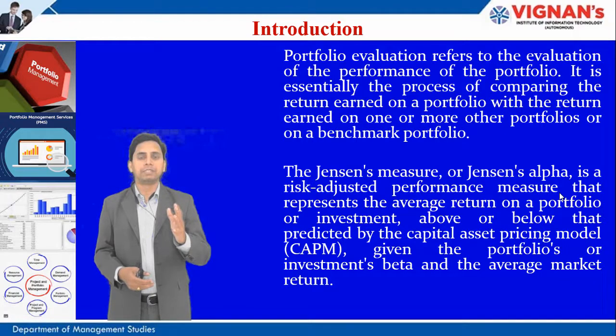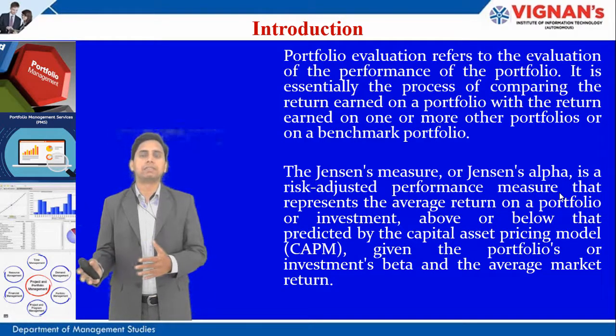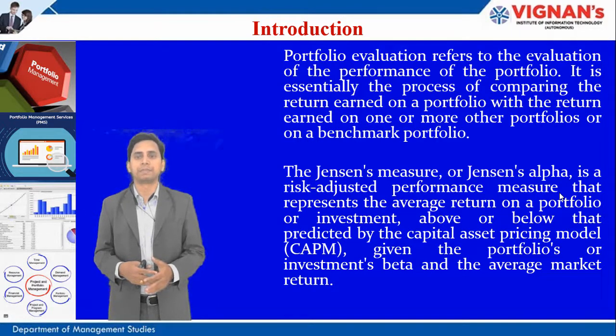And this is Jensen's measure. So what is Jensen's measure? Jensen's measure, or Jensen's alpha as we call it, is a risk-adjusted performance measure. Every investment is associated with certain risk. So how far the return is achieved with respect to the risk involved? Risk-adjusted portfolio performance represents the average return on a portfolio or an investment over or below that predicted by the capital asset pricing model, given the portfolio's or investment's beta and the average market return.